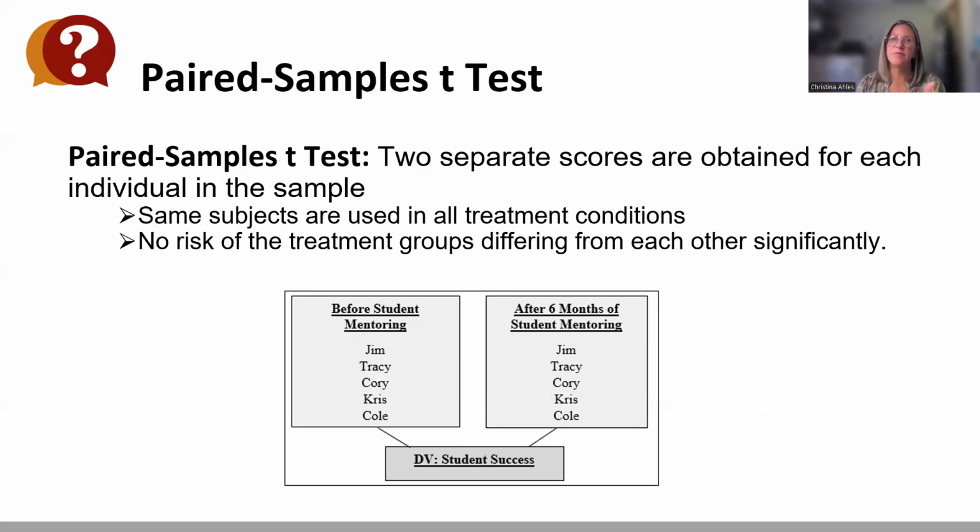Because if I'm using the same person in each condition, their characteristics or traits are going to be the same. It's the condition that's going to change things. As you can see, we have students Jim, Tracy, Corey, Chris, and Cole. They're in a before student mentoring and an after 6 months of student mentoring. Just those two conditions, but same students in each. That's when we would use that paired t-test.